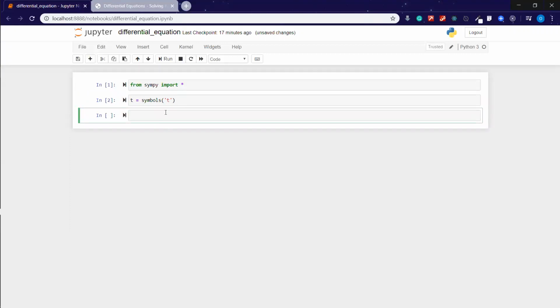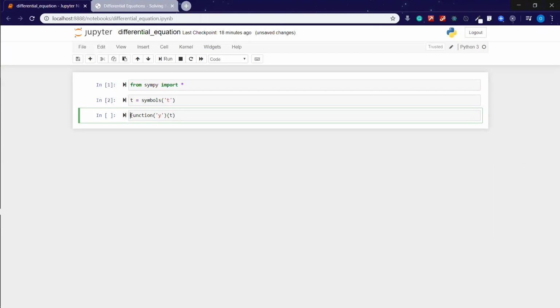Now, how do I define the dependent variable, which is y of t? Y of t is a function of t, right? So I have to use the function method. And I'm defining y as my function, and y itself is a function of t, right?